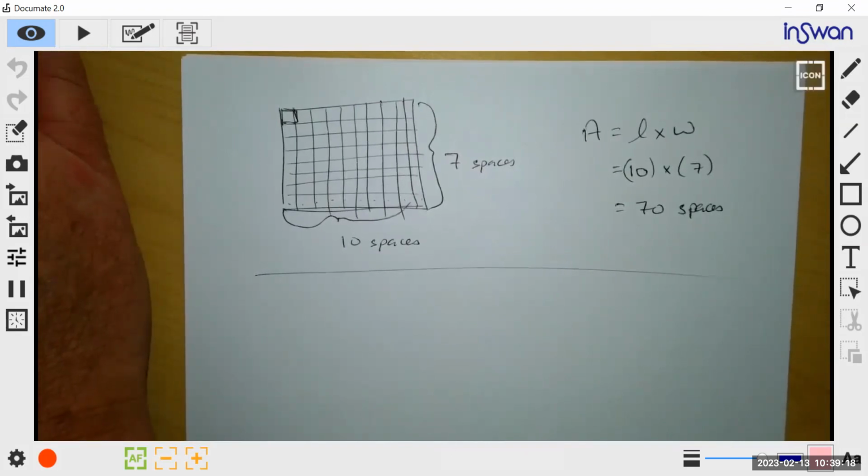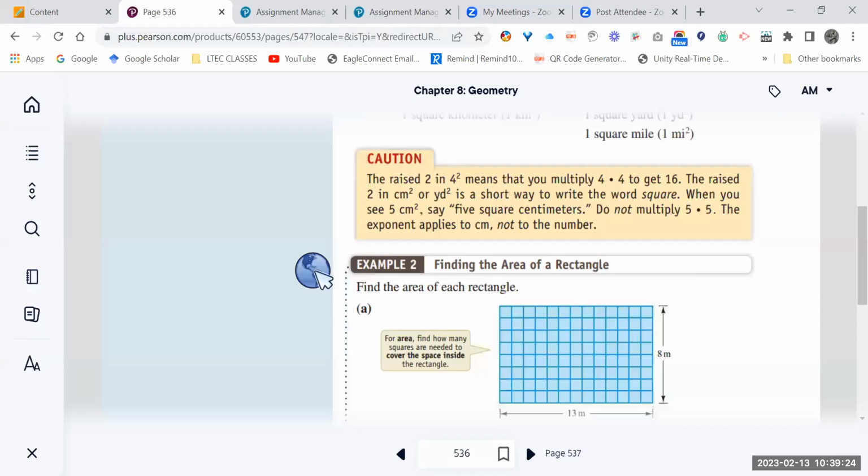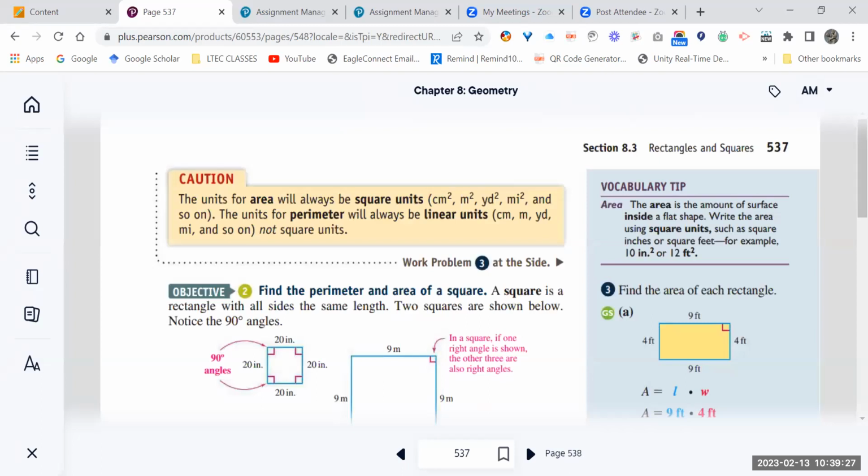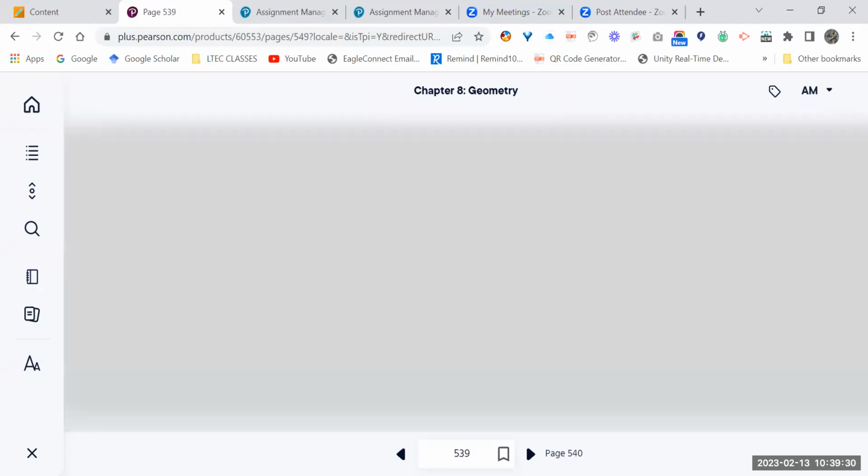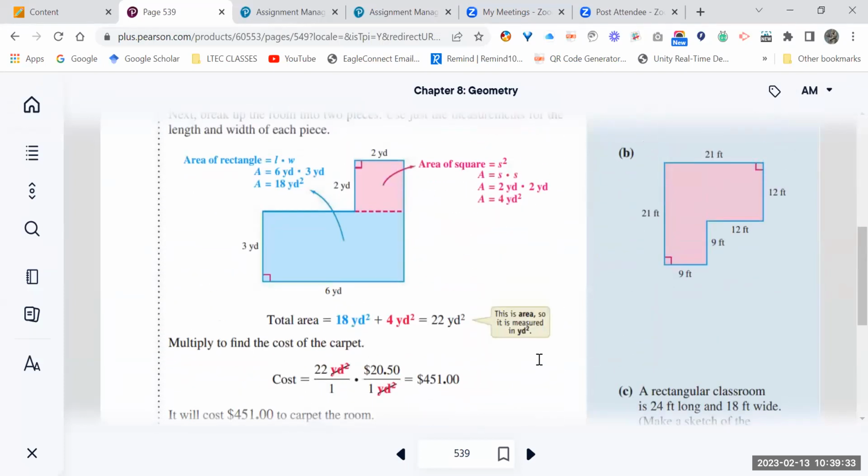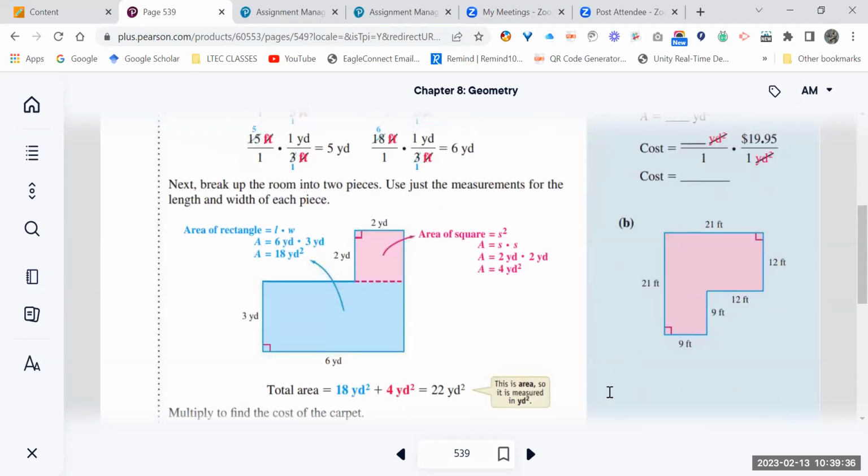Now let's change the pictures. Okay. This is 9 feet, 9 feet, 12 feet, 12 feet, 1 feet, 21 feet.